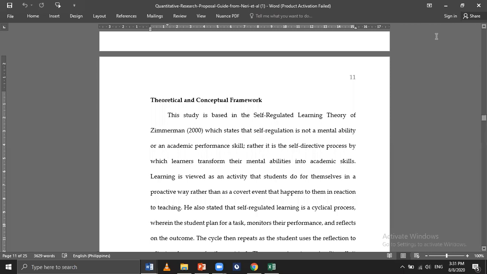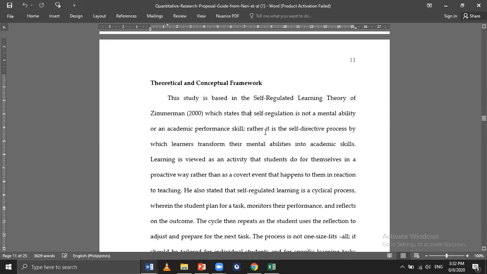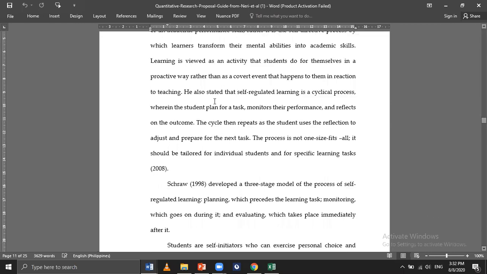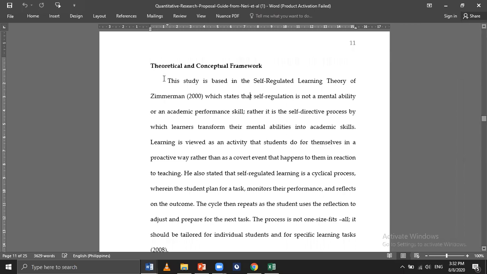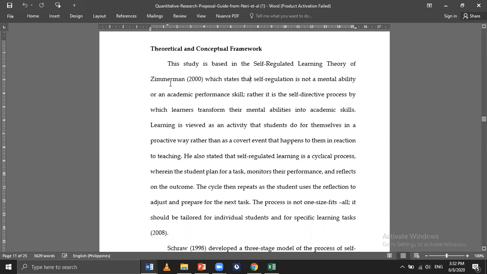Okay, so before we go into the technicalities and the formats, let's talk about the theoretical and conceptual framework, and let's draw some things about this one. So first, what you're going to do in theoretical and conceptual framework is find a concept or a theory that is related to your research or where your research will be anchored or based.